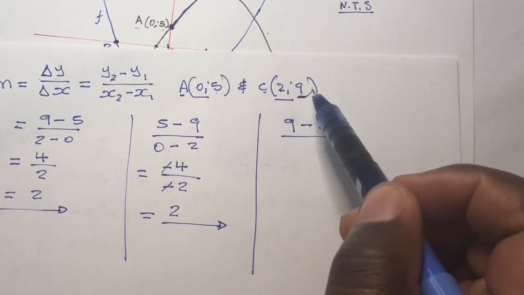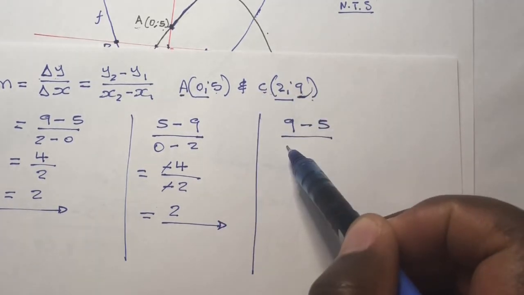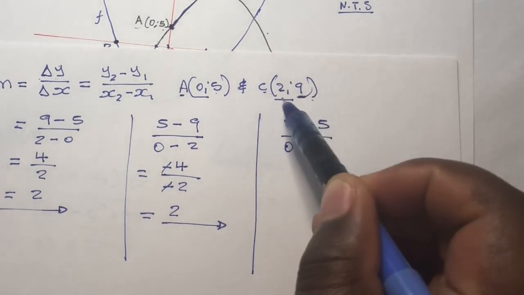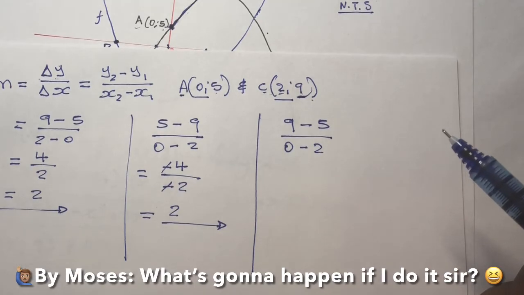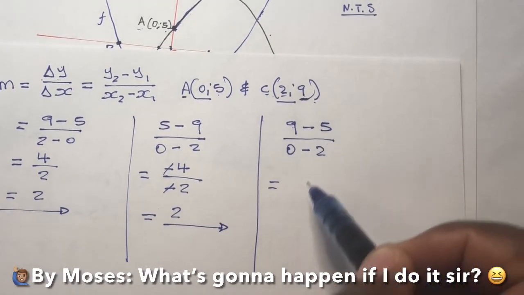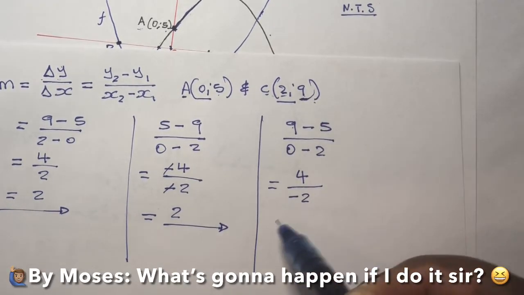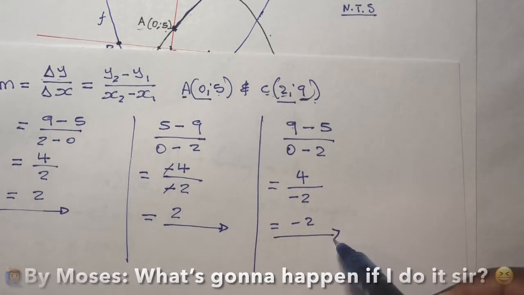Then you use 0 as your x2, then you subtract your x1 as 2. Let's see what we get. It's 9 minus 5, which is 4, divided by 0 minus that, it's equals to 2. Then can you see this is negative 2?